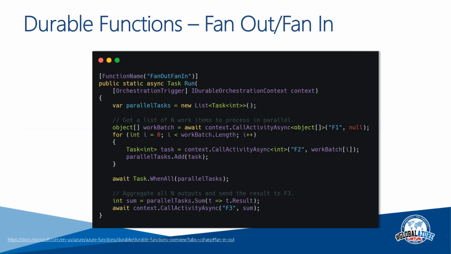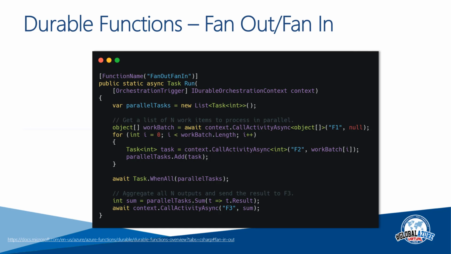It's going to loop through those 100 records, and create a task for calling F2, passing in each of the items in the work one at a time. So F2 will be called 100 times with each one record. And all these tasks get added into the array called parallel tasks.